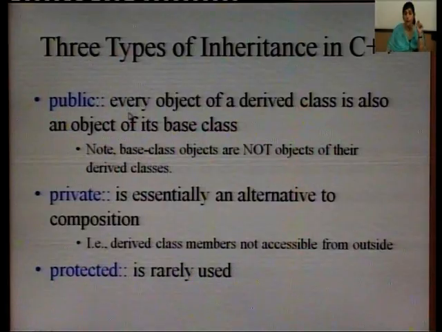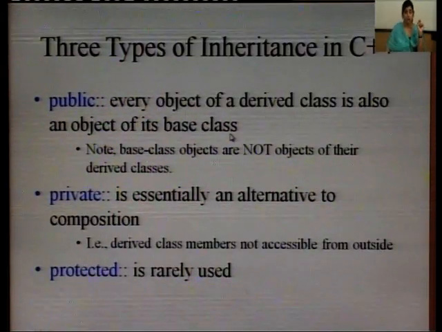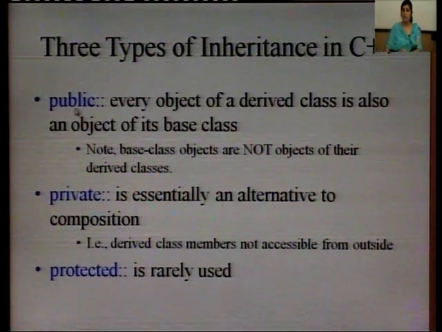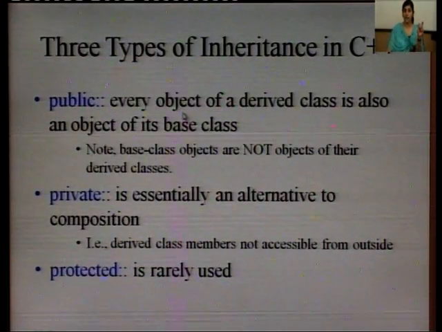At that time, every object of a derived class is also an object of its base class. Clear? Whenever you use the concept of classes in your object oriented programming language, you need an object to access the methods and the functions of that class.